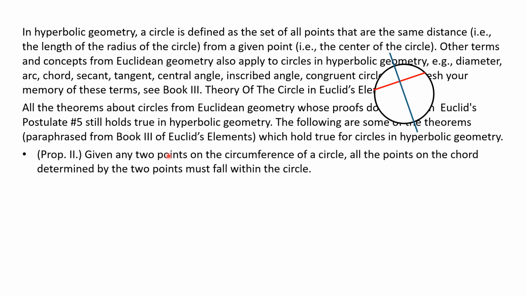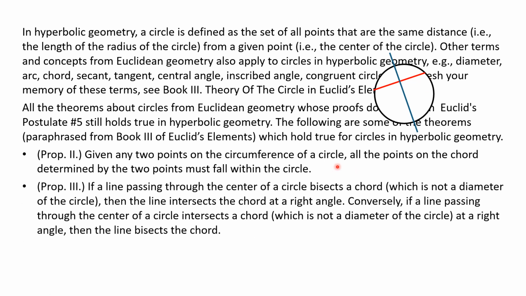So the first one is, given any 2 points on the circle, say here and here, then all the points on the chord, this red thing, connecting the 2 points are inside of the circle. That's pretty obvious, and that holds true for hyperbolic geometry too.